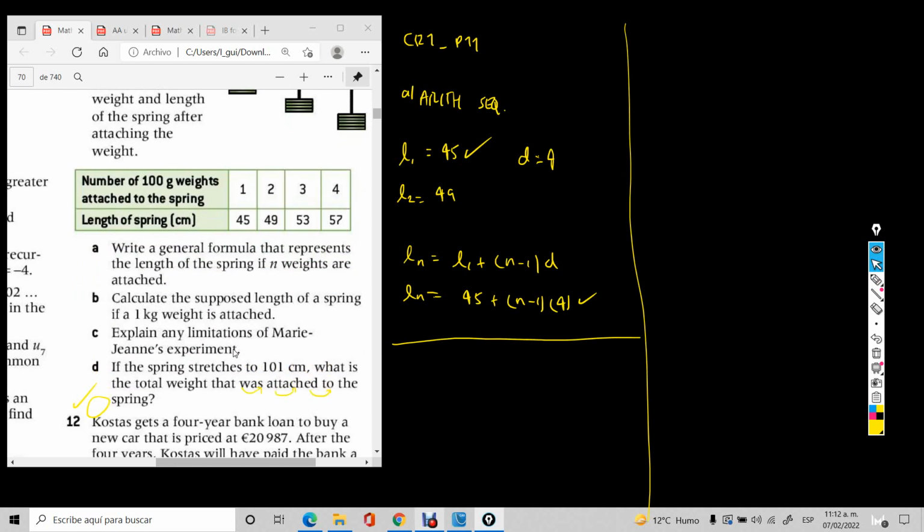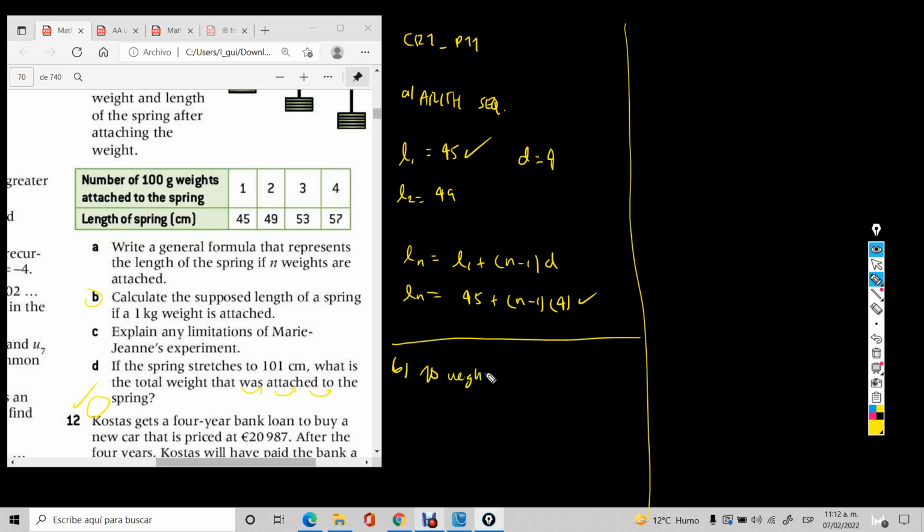Let's move down. Letter B, calculate the supposed length of a spring if a 1 kilogram weight is attached. So a 1 kilogram weight is equivalent to 10 weights of 100 grams, which are the ones that we actually are working with.